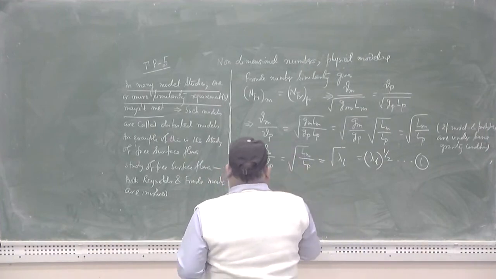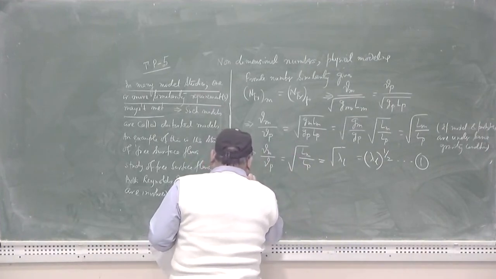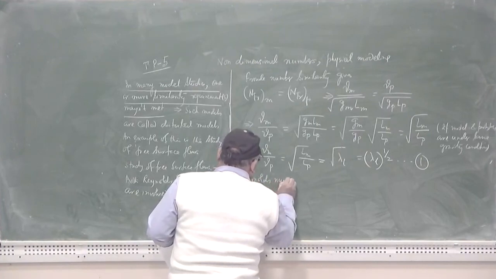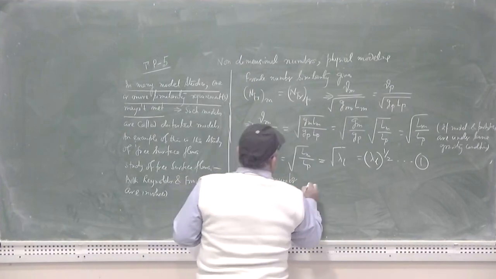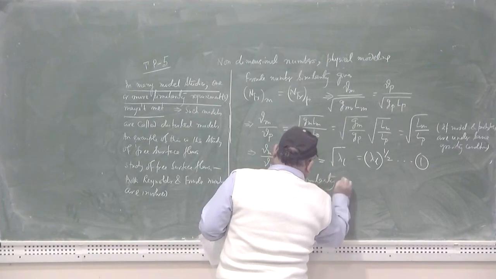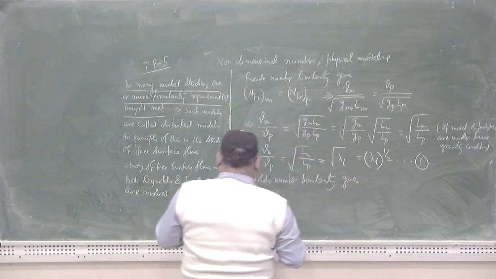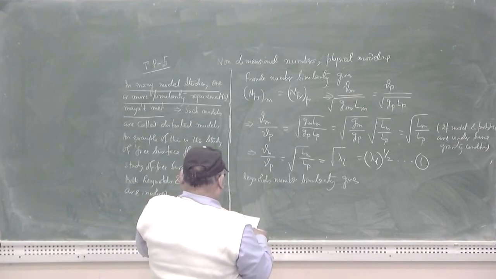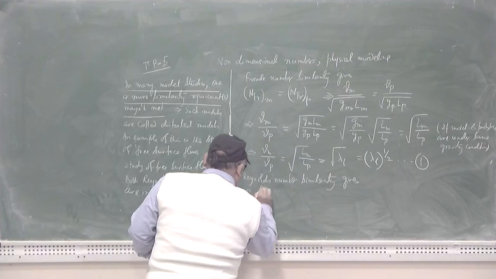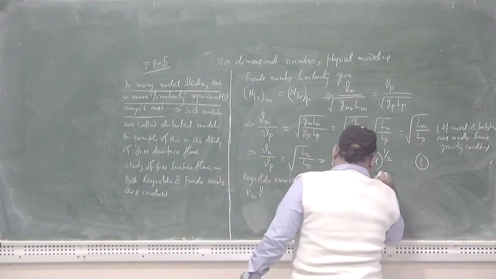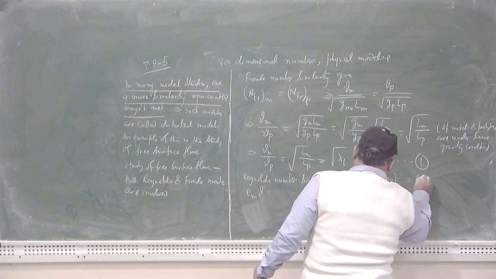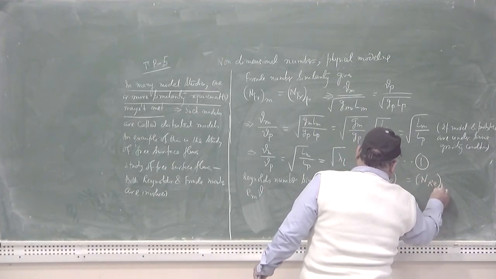Now, Reynolds number similarity gives Reynolds number for the model equal to Reynolds number for the prototype.